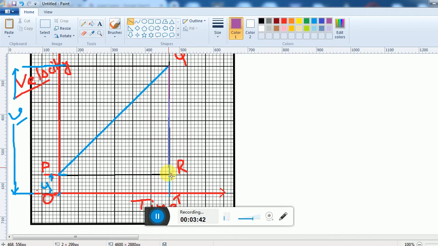This is a 90-degree angle, so you can write QT is perpendicular to OT.